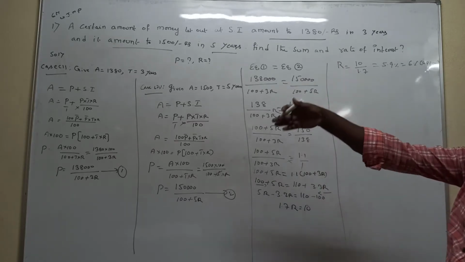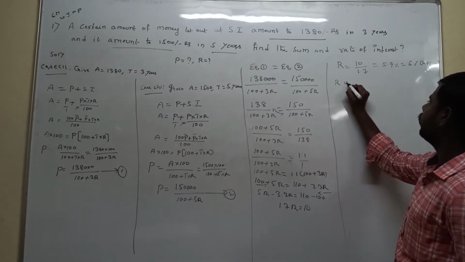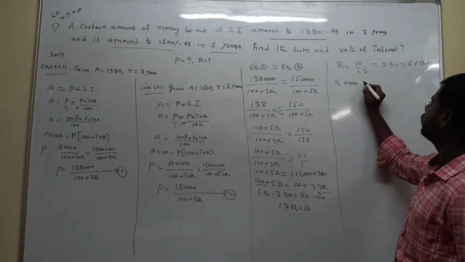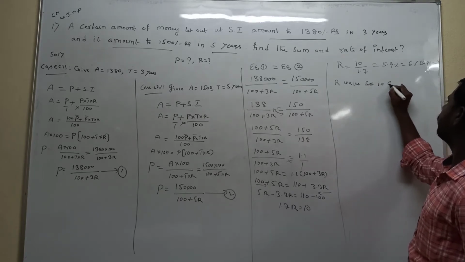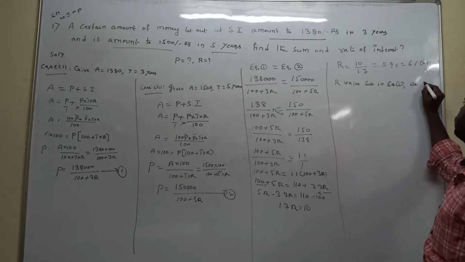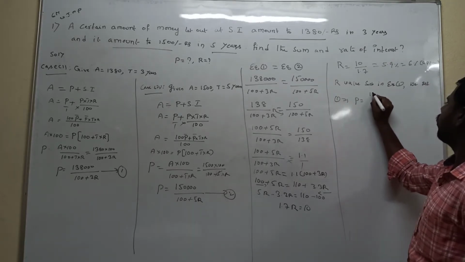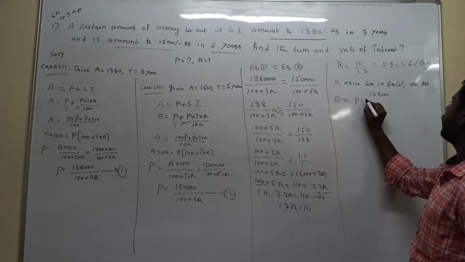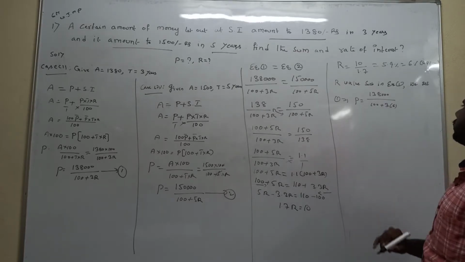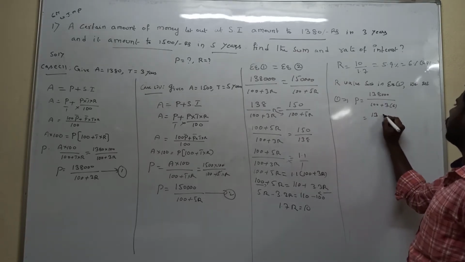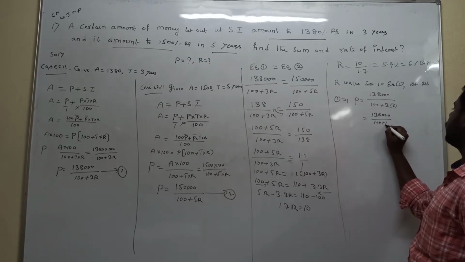That r we substitute in equation number 1 to get the value. What is equation number 1? P is equal to 138,000 divided by 100 plus 3r. 3 into the r value, which is 6, so 138,000 divided by 100 plus 3 into 6, which is 18.